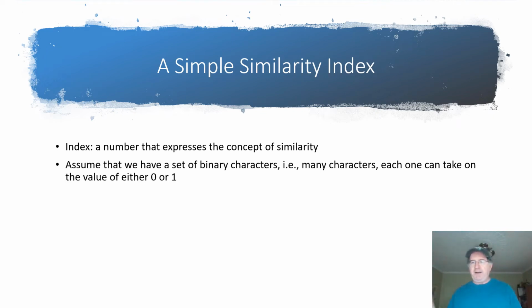That's all I mean by an index, a measure of the similarity. So let's assume that we have a set of characters, and these characters are qualitative characters, and they're binary. That is, there are only two states, which we can express any way you want. You could call them A and B, black and white, left and right. I'm going to call them 0 and 1.